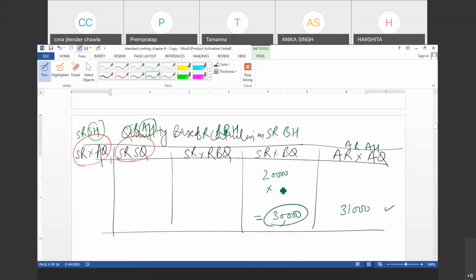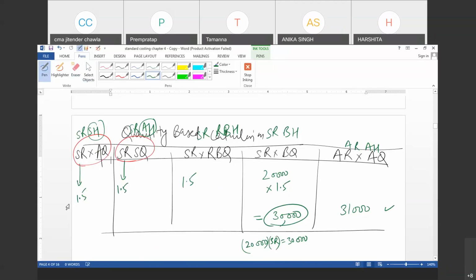So can any one of you calculate the value of X? That is 20,000 into standard rate is equal to 30,000. So SR will be how much? 1.5. Easy. SR I want to find, 1.5.